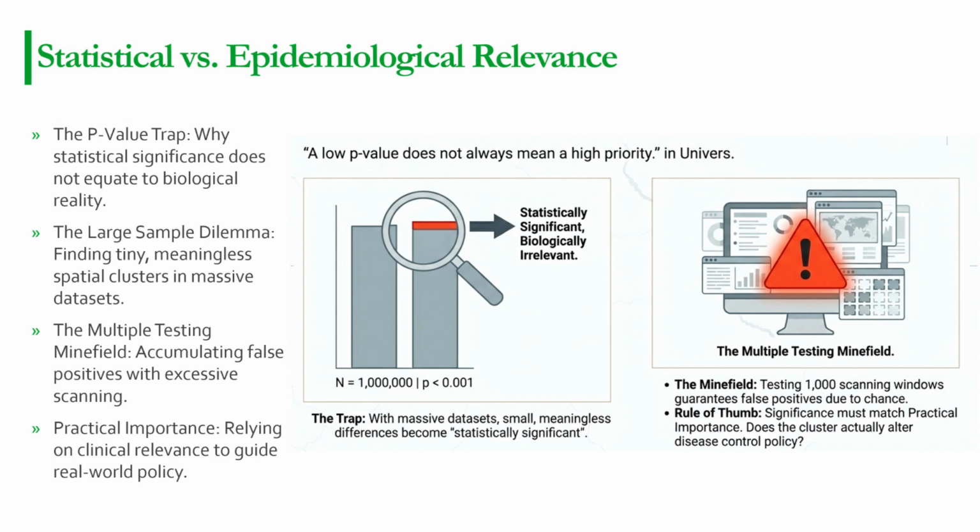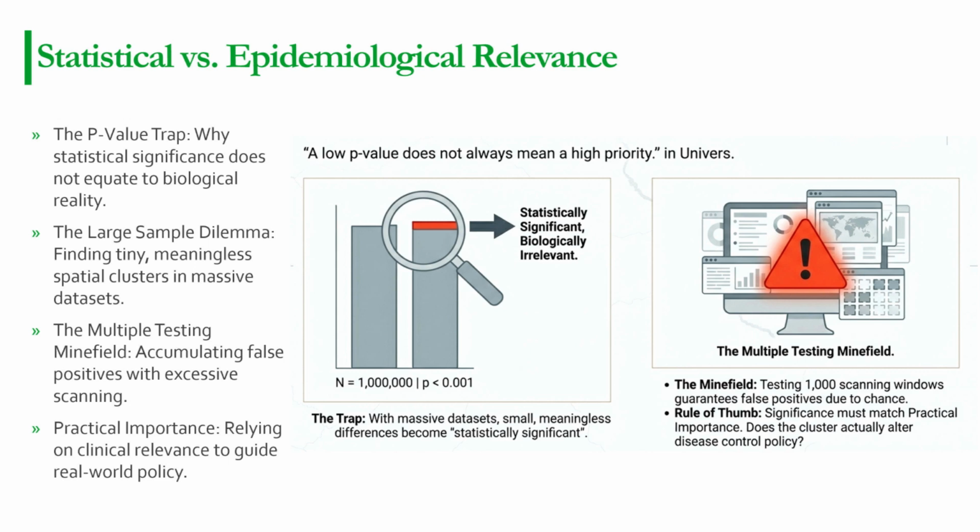Furthermore, if your spatial scan software evaluates 1,000 different circular windows across a region, pure chance dictates it will flag statistically significant clusters that are entirely fake. This is the multiple testing minefield.